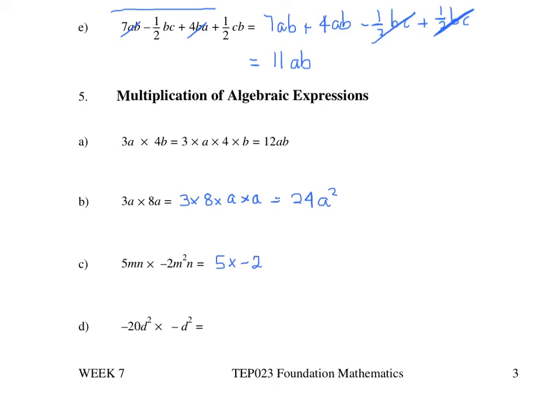Then we've got m multiplied by m squared. Notice I've left out the multiplication signs, that's fine. And n multiplied by n.